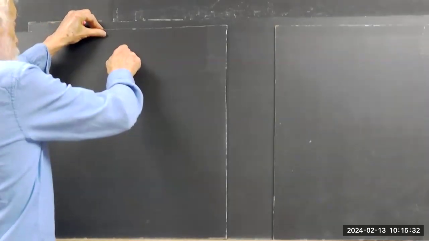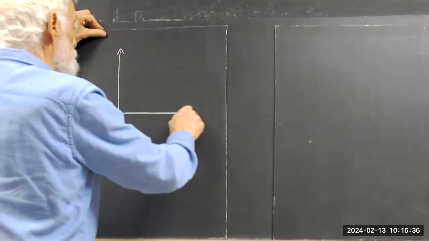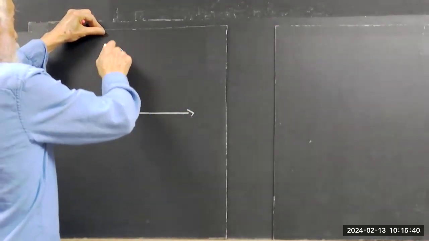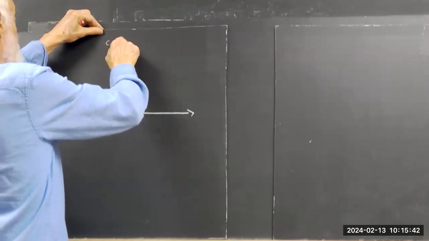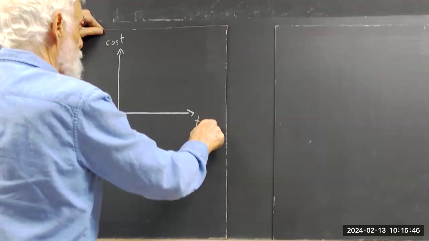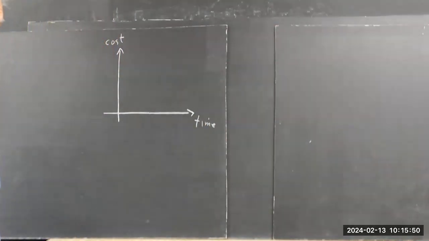I'm going to do that. Okay, in this axis, I'm going to put cost. In this axis, I'm going to put time. Okay. So.